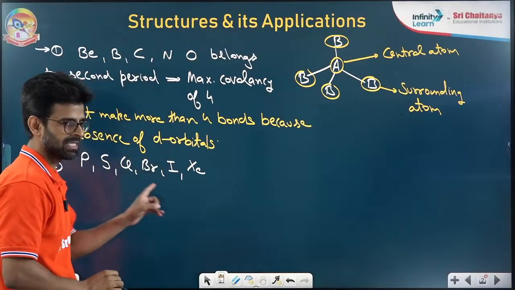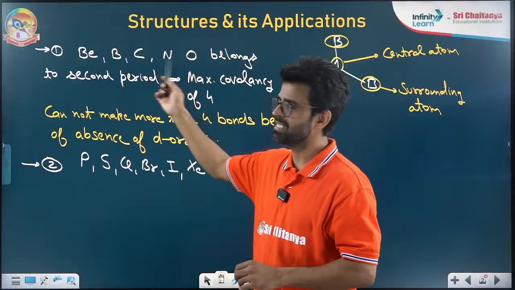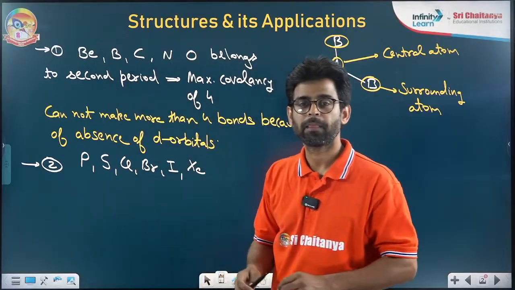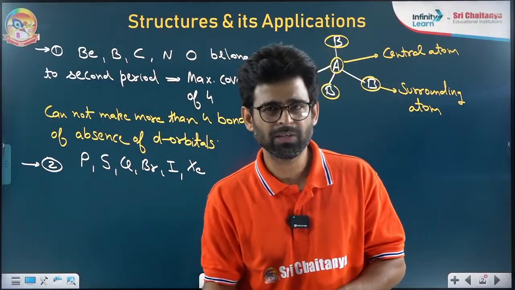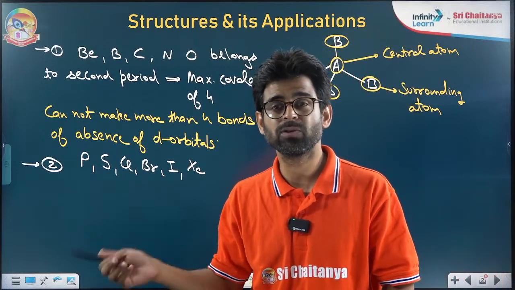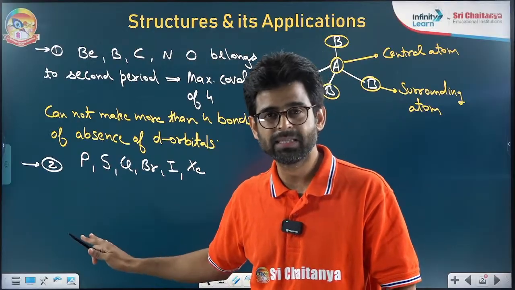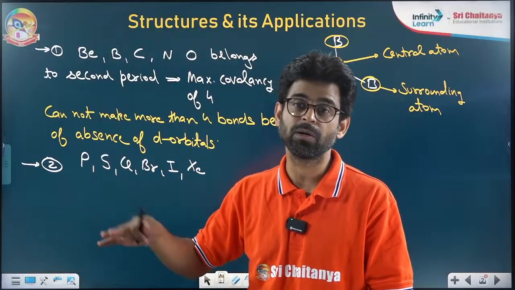These will be your center elements, except these. If these are not present, then these will come. Maybe some other elements are also possible, so I'm taking the most common elements. These belong to the third period or below it. These are not from the second period.